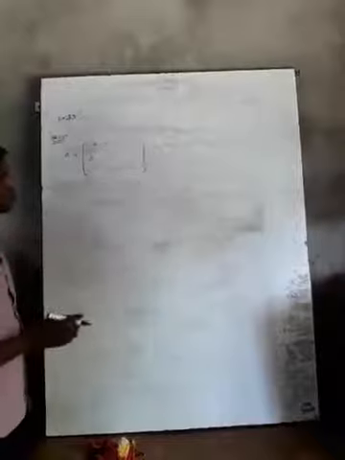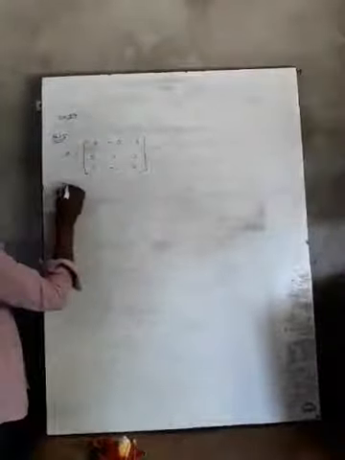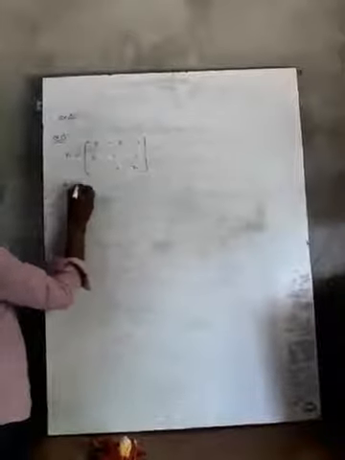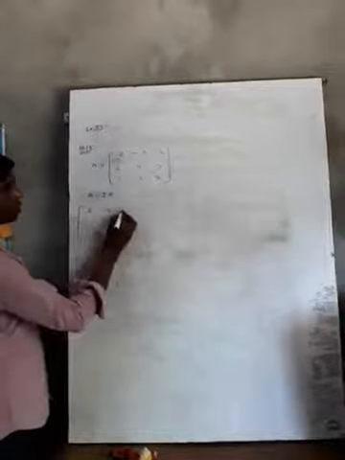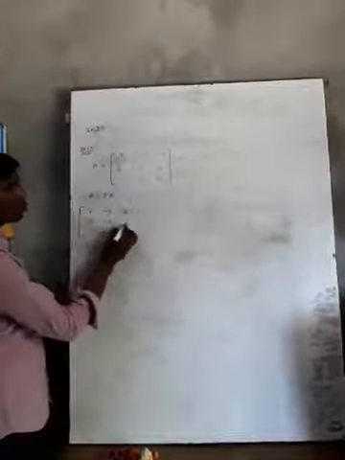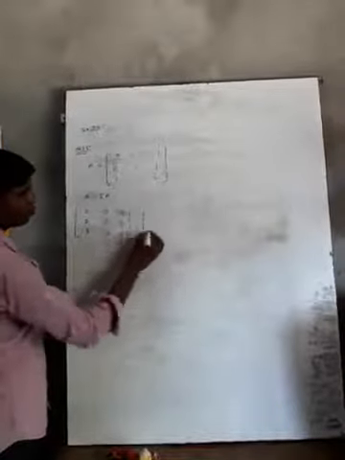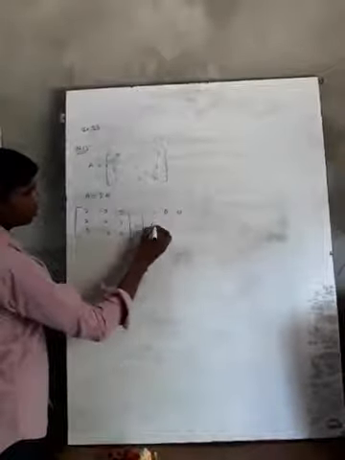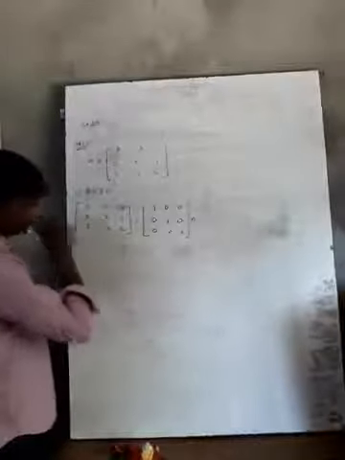We have to find the inverse of this matrix. Since you know that A can be written as I into A, meaning 2 minus 3 3, 2 2 3, 3 minus 2 2 equal to 1 0 0, 0 1 0, 0 0 1 into A.